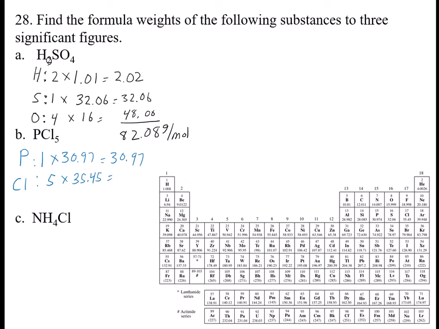And that one I don't want to do in my head. So 5 times 35.45 gives me 177.28. Okay, and then I add these together.